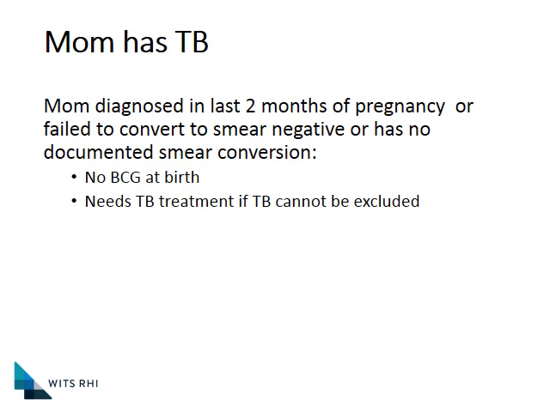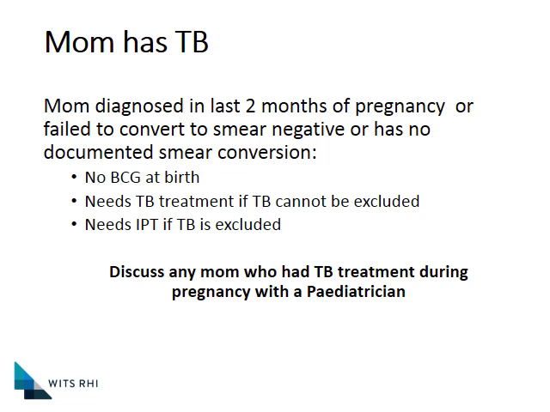The child will need TB treatment if we cannot exclude TB. So you're going to examine that child very well to check whether there's any TB. And then we need to prescribe INH for 6 months if TB is excluded. But I would discuss any mom who had TB treatment during a pregnancy with the pediatrician and make sure to follow up those children very closely.